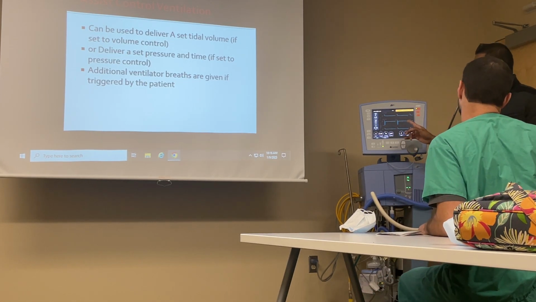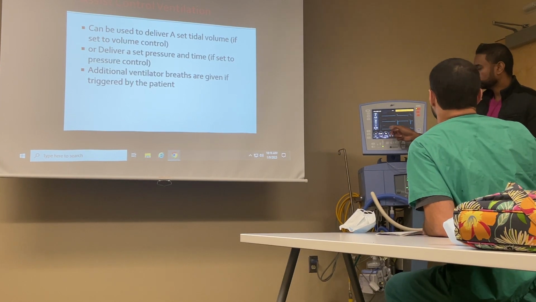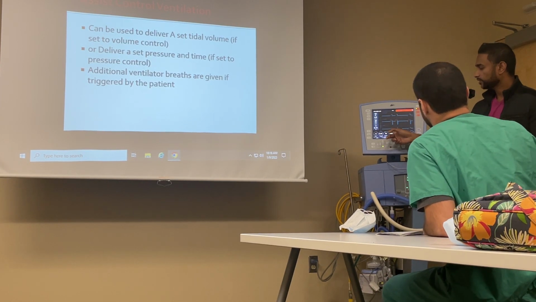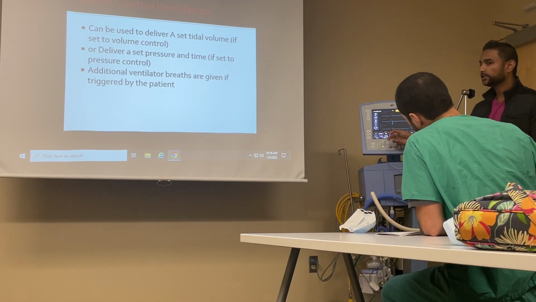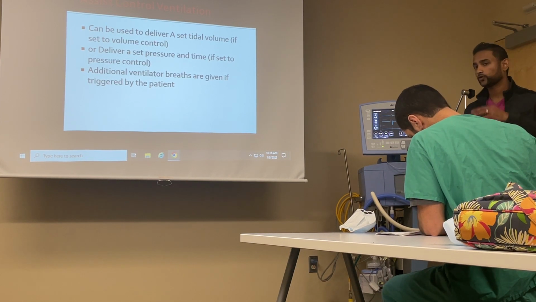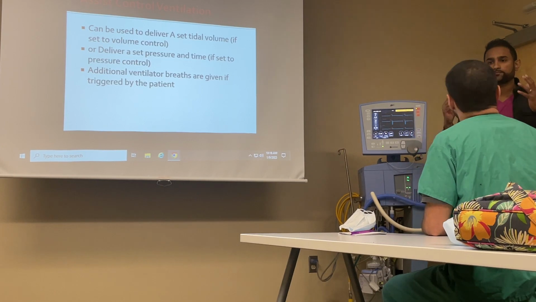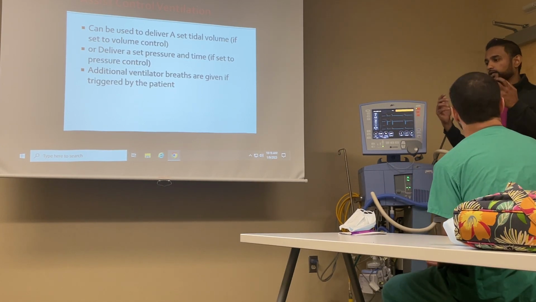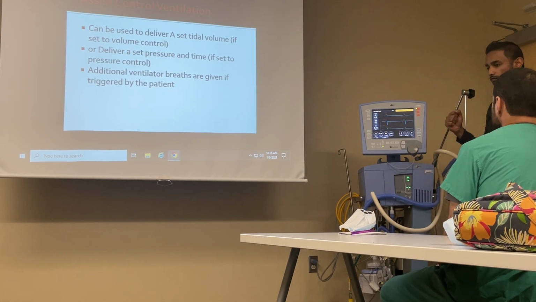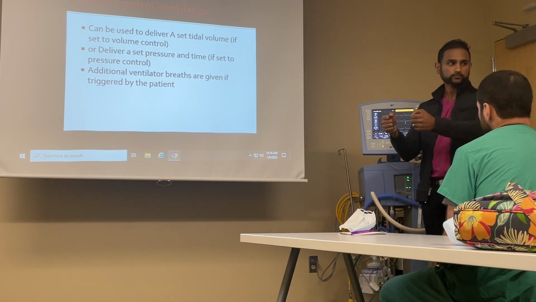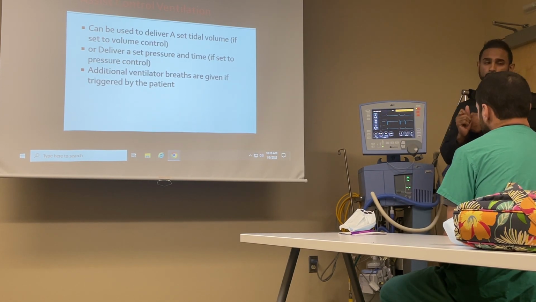In AC/VC, we have what's called a peak flow. Typically your peak flow is set at 60 to 120. The base is 60. What is the purpose of peak flow? It's basically telling the ventilator how fast to deliver the tidal volume. Peak flow determines my IE ratio.